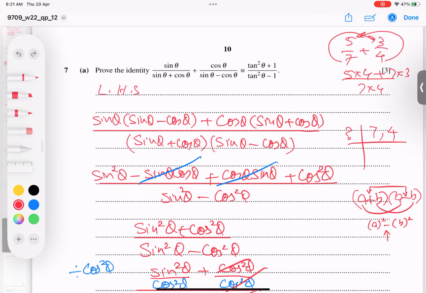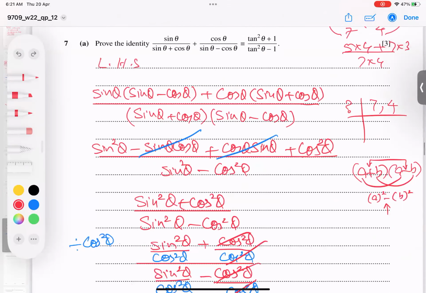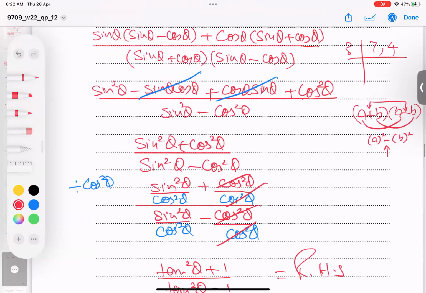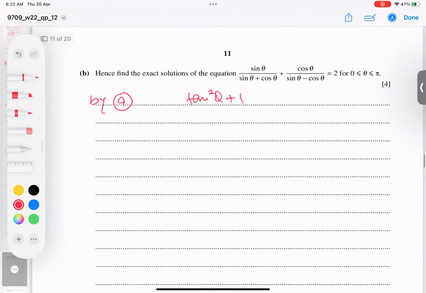So let's start. Tan square plus 1 over tan square minus 1, I am going to replace here. So I write by a part: tan square theta plus 1 above, minus 1 down, and I get tan square theta minus 1 as the answer of this part by using the first.